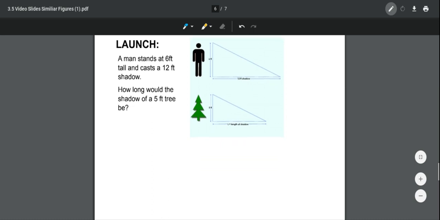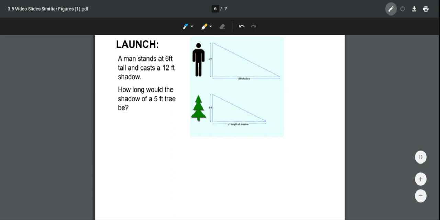In our last problem, a man stands at 6 feet tall and casts a 12-foot shadow. How long would the shadow of a 5-foot tree be? Now, when we think about shadows, the sun casts them in the same angle.